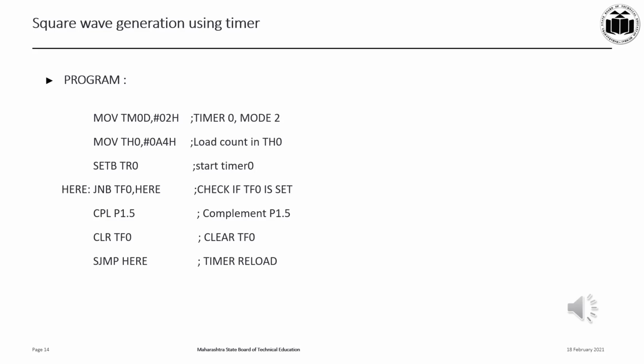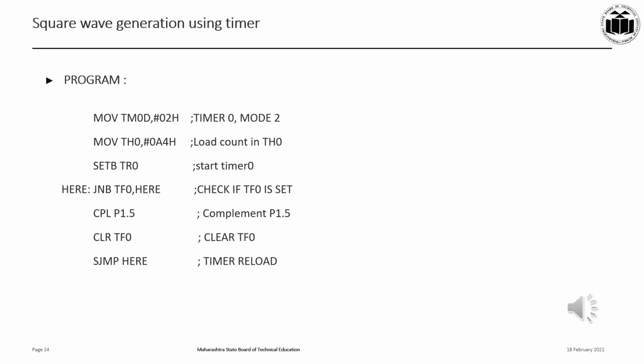Then we keep on monitoring TF0, which is the timer overflow flag, to check whether overflow has occurred. The JNB TF0 instruction monitors the TF0 flag. As long as the TF0 bit is not set, the program is kept in a loop checking the status of the TF0 bit. As soon as the TL0 register overflows, the TF0 flag is set to 1 and the program control is transferred to the next instruction, CPL P1.5, which is now complemented.